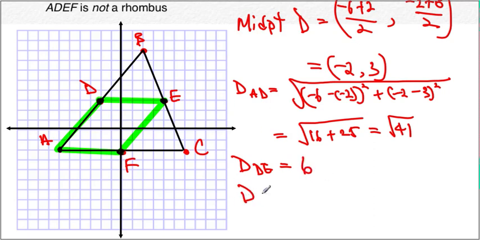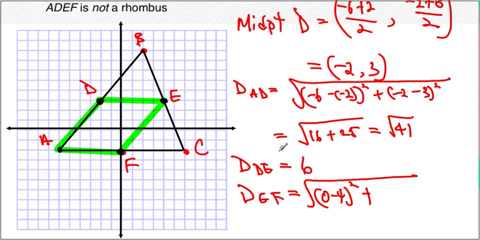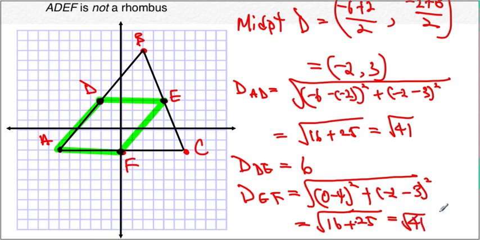How about the distance between EF? Once again, in terms of x, we have 0 minus 4 squared, plus in terms of y, the difference is negative 2 minus 3 squared, which is equal to the square root of 16 plus 25, which will be equal to the square root of 41.